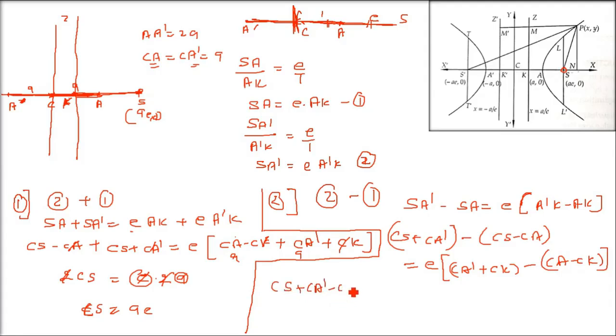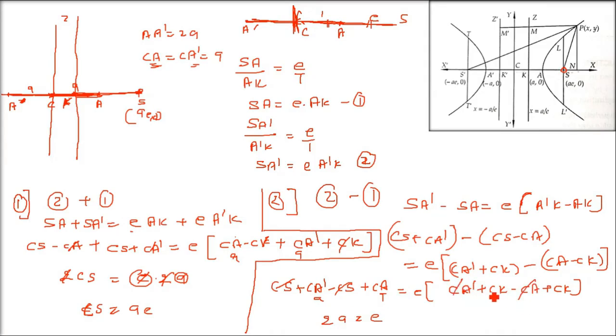CS plus CA dash minus CS plus CA equals E, CA dash plus CK minus CA plus CK. CS gets cancelled, CA dash is A, CA is A, it's 2A. Okay, CA and CA dash both are A. You take them as 2A.